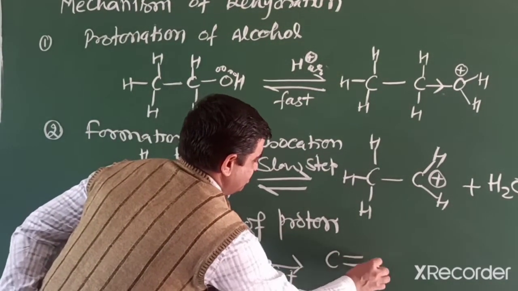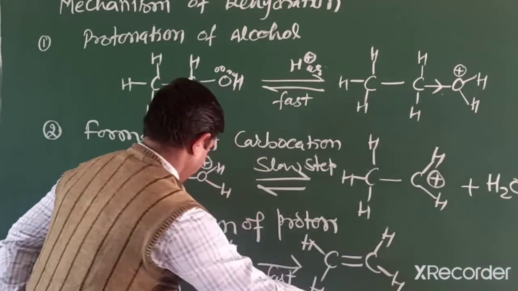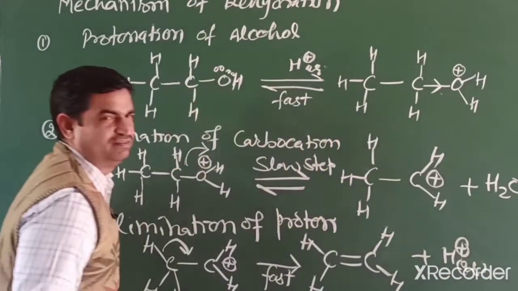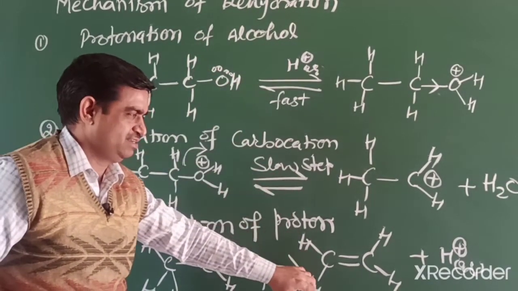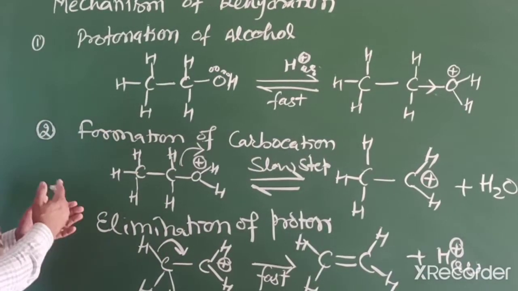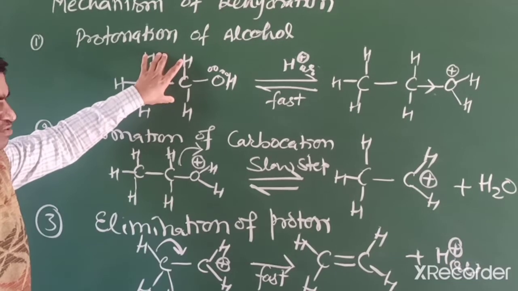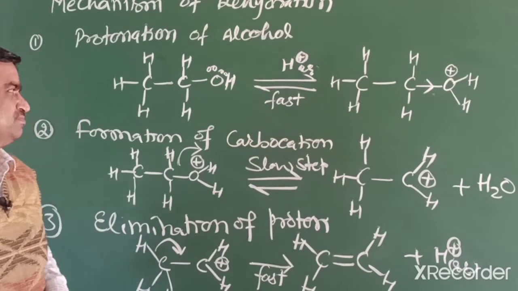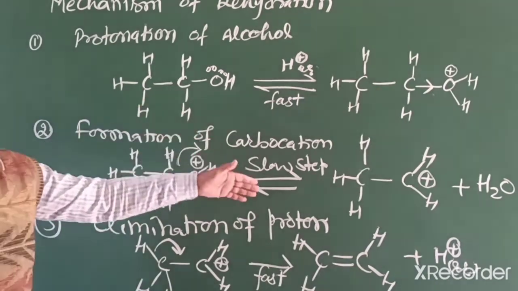We get the alkene, that is ethene. The proton is removed out. In the third step we again get the proton. In the first step, protonation of alcohol, and in the third step we also get a proton back, so this reaction keeps going continuously. We require a very small amount of acid in this dehydration of alcohol, and by this method we get pure alkene. This is one example, ethanol converting into ethene.